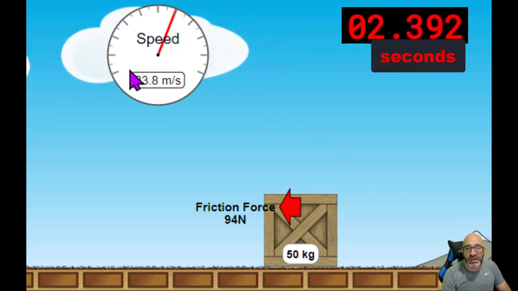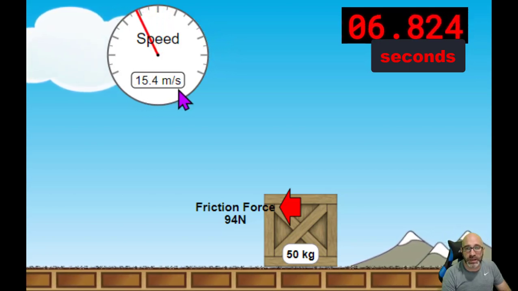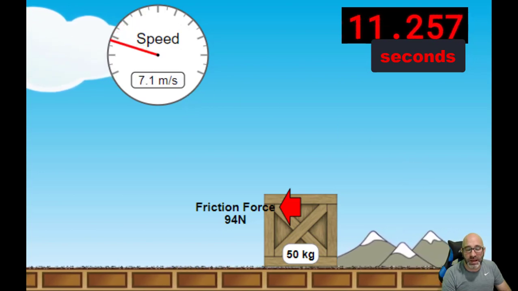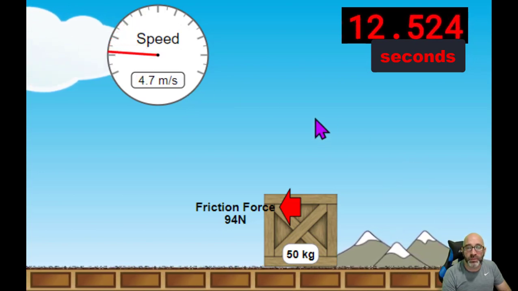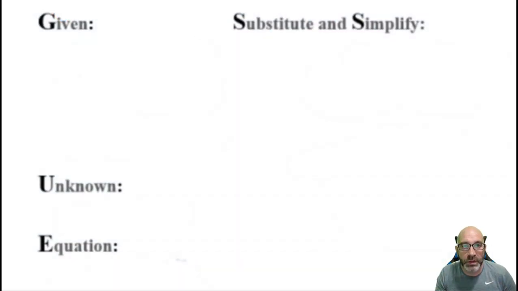I see that the velocity starts to go down, or decelerate. And the time it takes to go from that initial velocity to a final velocity of 4.7 meters per second helps me figure out acceleration. So if I need to figure out the acceleration or deceleration of the crate, I can use the GUESS technique.